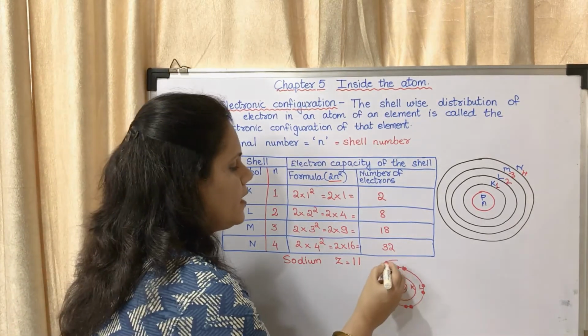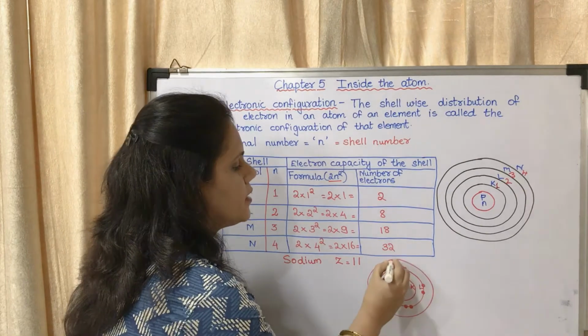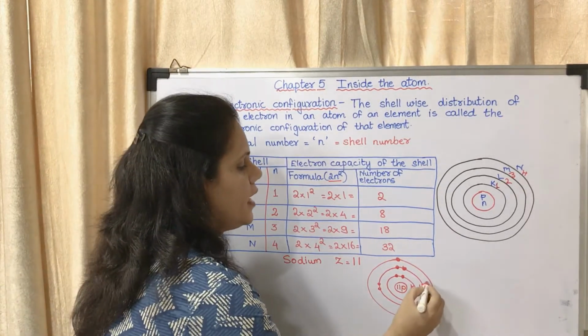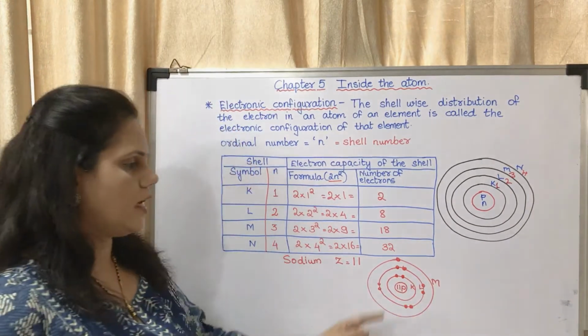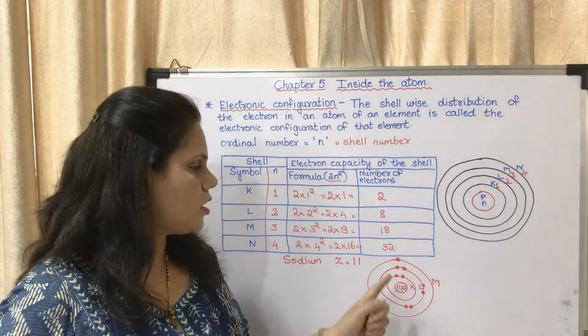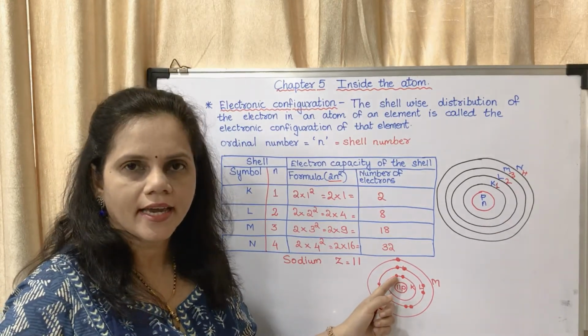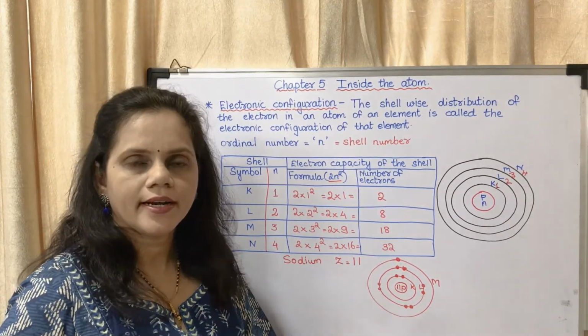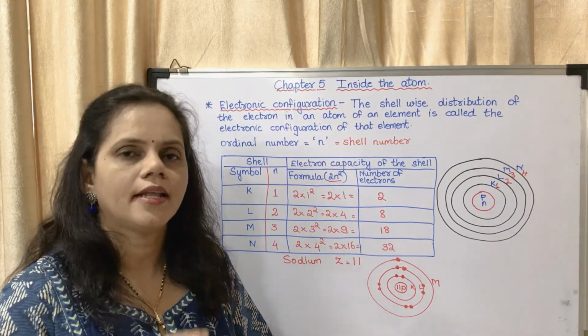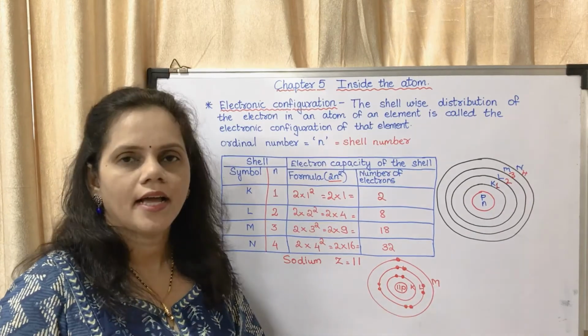So I will accommodate the last one in the M shell. This is the M shell. So in the M shell there is only 1 electron. Why? Because 2 got accommodated in K, 8 got accommodated in L, 10 has gone and only 1 is remaining. That will get accommodated in the M shell.